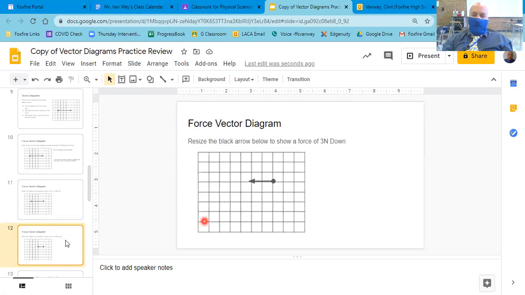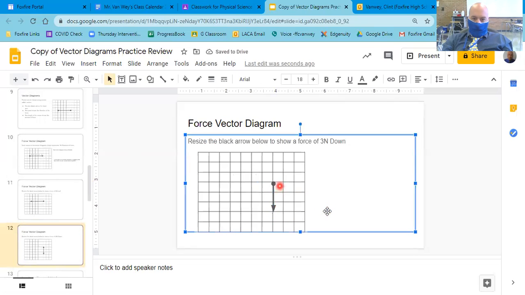This says resize the black arrow to show a force of 3 newtons down. So here's 1 Newton down. I need to move some things around here. 1 Newton down. 2, 3. 1, 2, 3 squares that it covers.